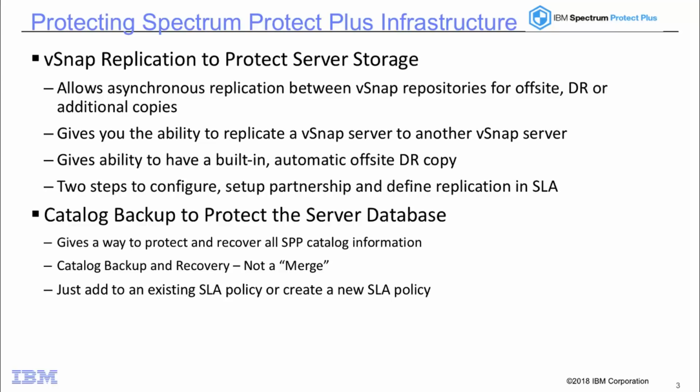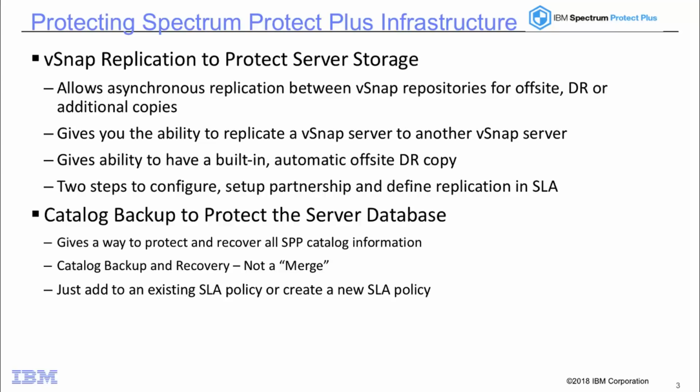The configuration for this, as you'll see in the slides coming up, is really easy. Basically, you set up a partnership between the vSnap storage, and then you set up the times that you're going to do the replication in the SLAs that are doing the backup, and the replication occurs on an automatic schedule.